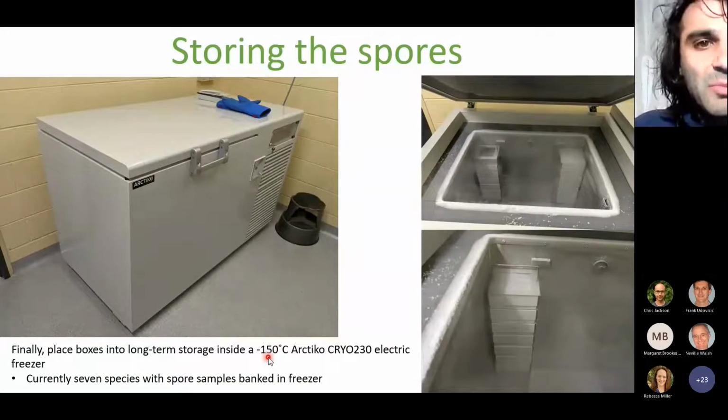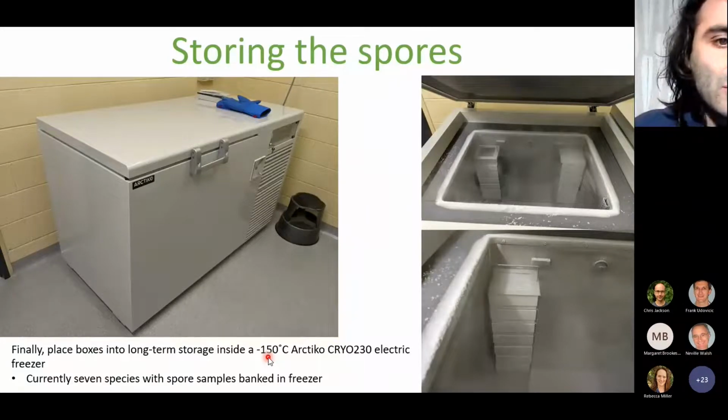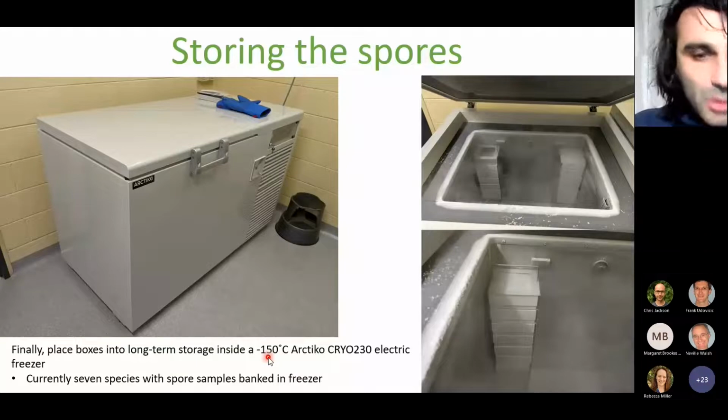But other species, like some species from wet habitats and also species that have chlorophyllous spores, are more sensitive to storage temperature, and they've been found to retain more viability if stored at much lower temperatures, like what you see at cryogenic temperatures.